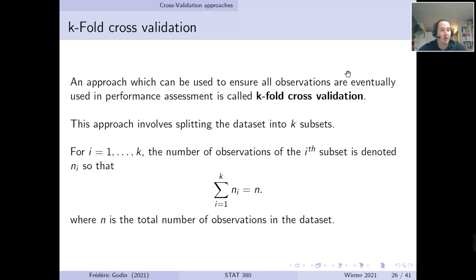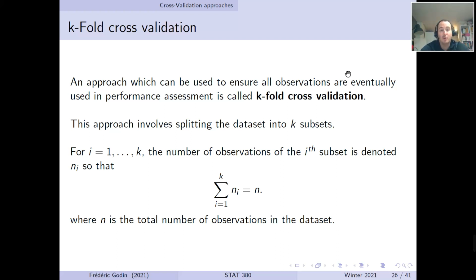So what we're going to do next, we're going to propose a way around this to ultimately use all observations, both in the training and in the performance assessment, but still evaluate the performance of our model out of sample, meaning that whenever we predict a response, the prediction for some observation is only formed from responses of other observations. So you cannot use the response of a given observation to make a forecast for that observation.